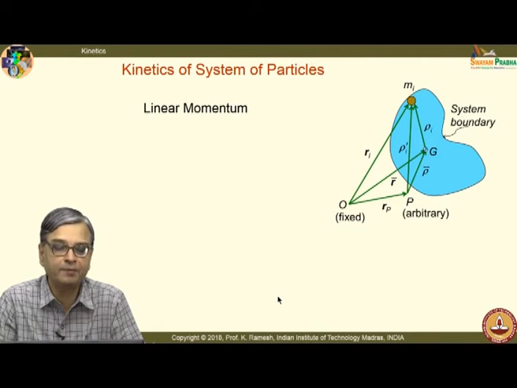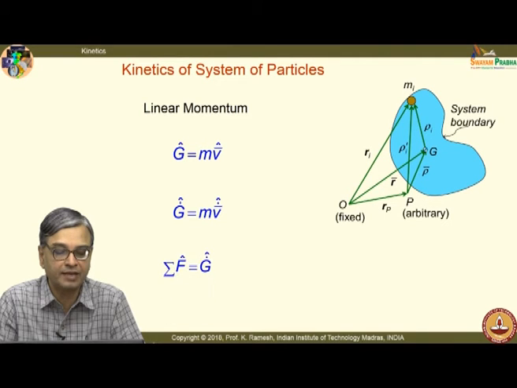Then I go for linear momentum, G equal to m v bar, and rate of change of linear momentum, I get this as G dot equal to m v bar dot, and summation of F equal to G dot.